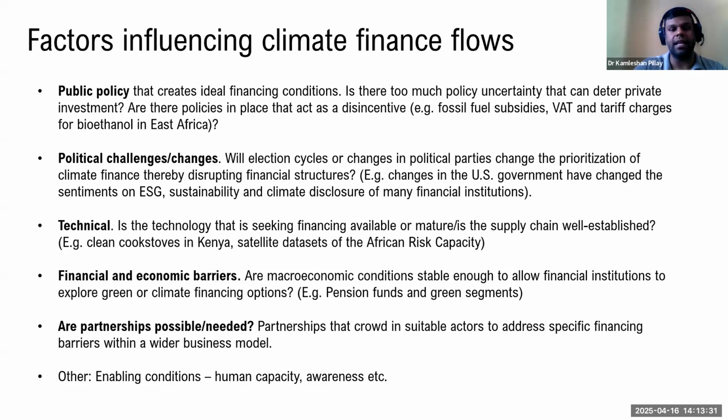Some other examples are satellite data sets within the African Risk Capacity, which is the major disaster risk pool in Africa, covering drought mostly. Data sets weren't available for the real-time monitoring of extreme heat and drought, and those needed to be procured from the World Food Programme, who now oversee the early warning system and the satellite detection of drought, which is linked to the financial instrument. And we'll talk about risk pools in a lot more detail later.